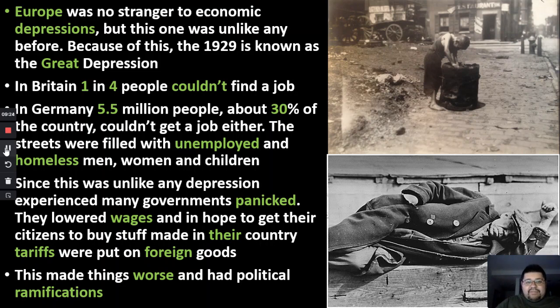But a tariff doesn't help people as well as lowering the wages. So this made things worse, and there were huge political ramifications because of this. Because these politicians did that, there were consequences afterwards.